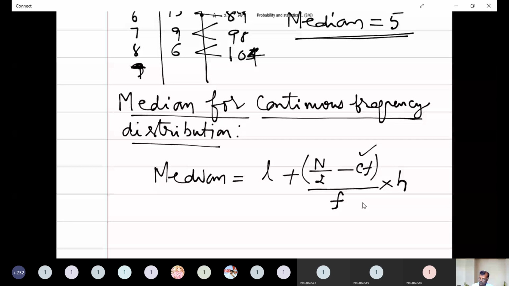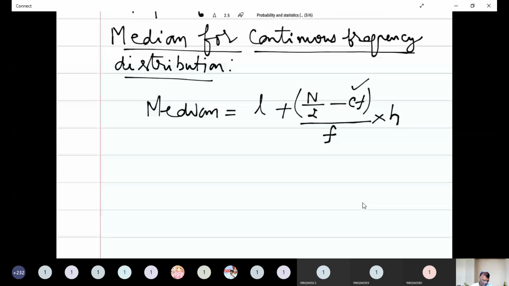Now write down what are the parameters in this formula. L, lower limit of the median class.